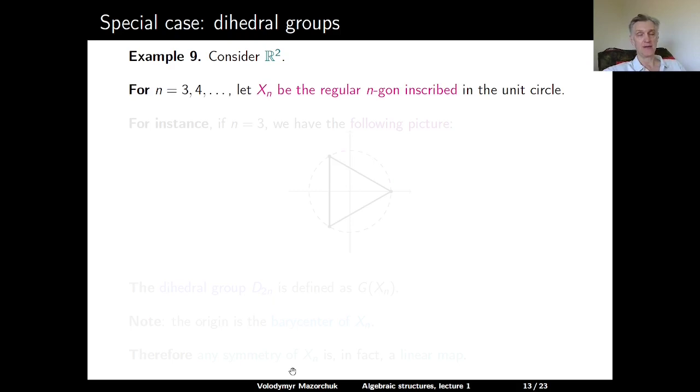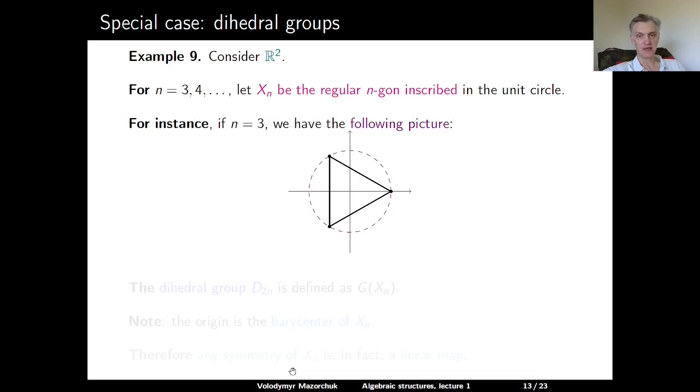For an integer n equal to 3, 4, 5, and so on, denote by X_n the regular n-gon which is inscribed in the unit circle. Here is an example. If n is equal to 3, we have the following triangle inscribed in the unit circle. We always assume that one of the vertices is the first basis vector (1, 0), and then we have the regular n-gon, in this case a triangle, inscribed in the unit circle.